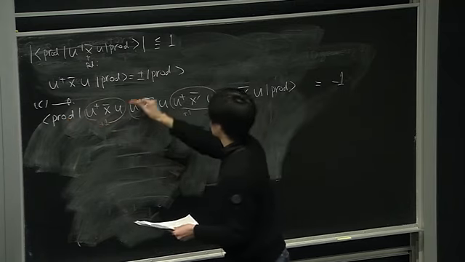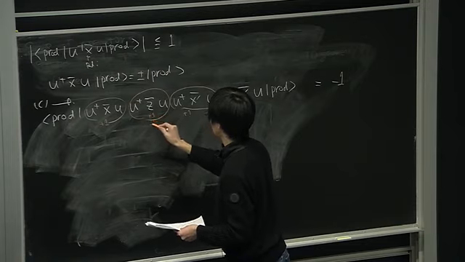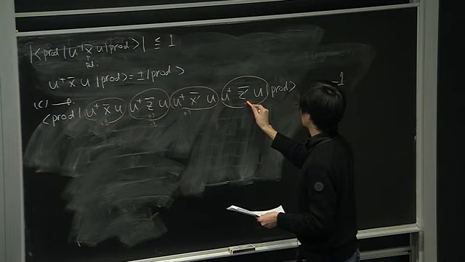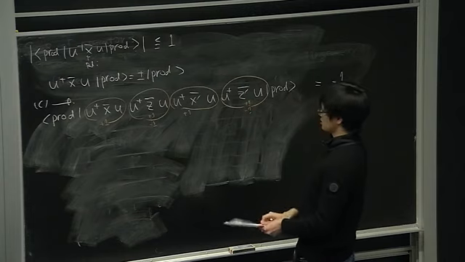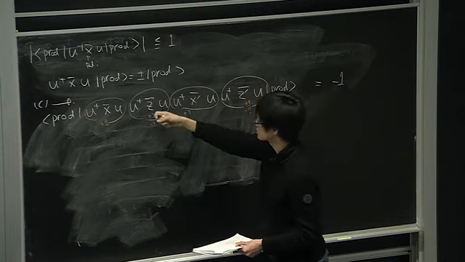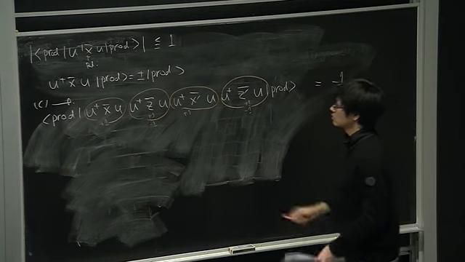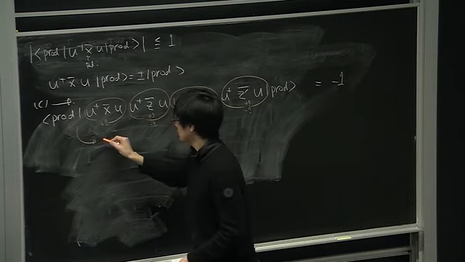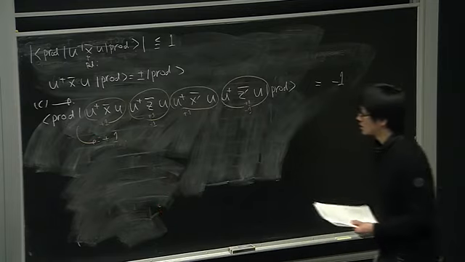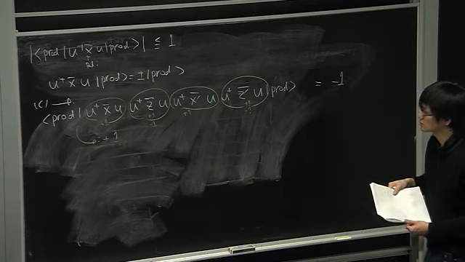And then this one is +1 or -1. But the point is that when this is plus, this is plus, this is minus, then this is minus. So they are correlated. So this implies that this object must be equal to +1. So here is the contradiction.